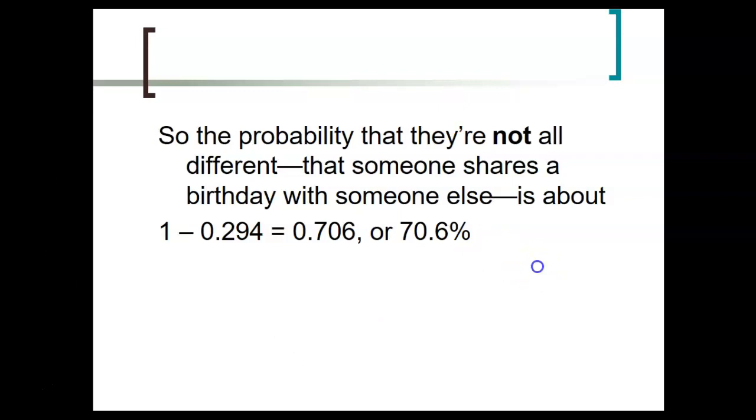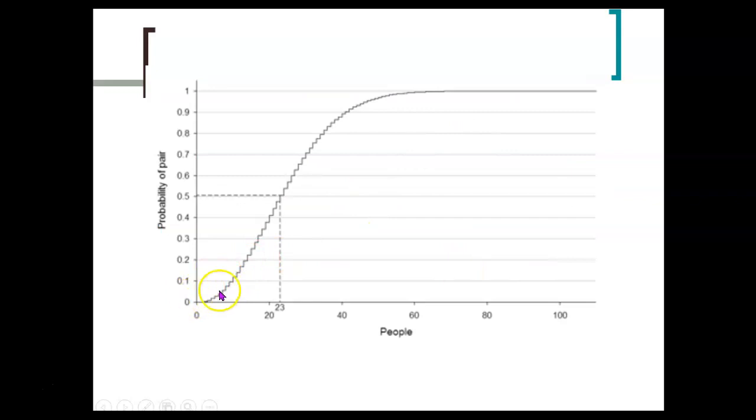In fact, this graph here shows the relationship between the number of people in a group and the probability that there's a pair who share the same birthday. So once you get to 23 people, that's when the probability becomes 50-50.